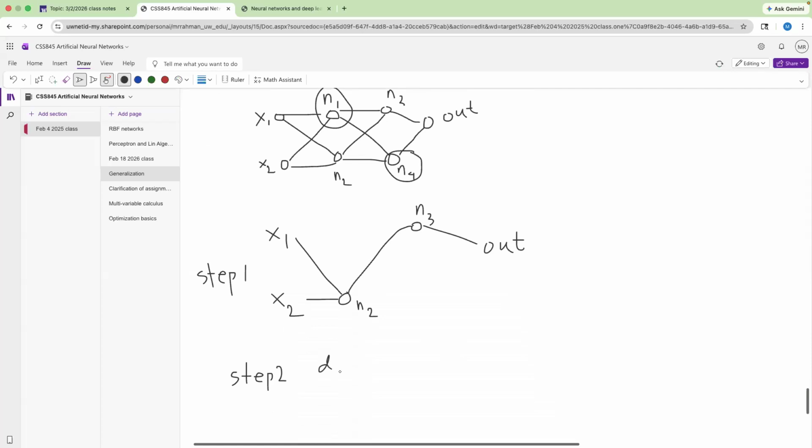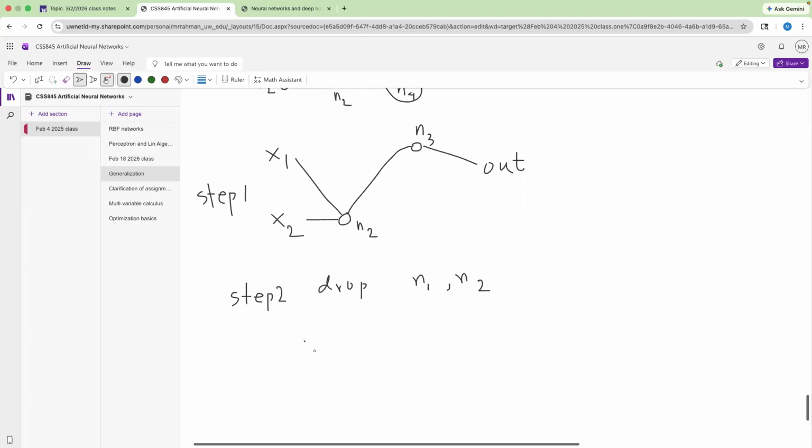So in step two, let's say I drop N1 and N2, right? In that case, my network would look like X1, X2, right?